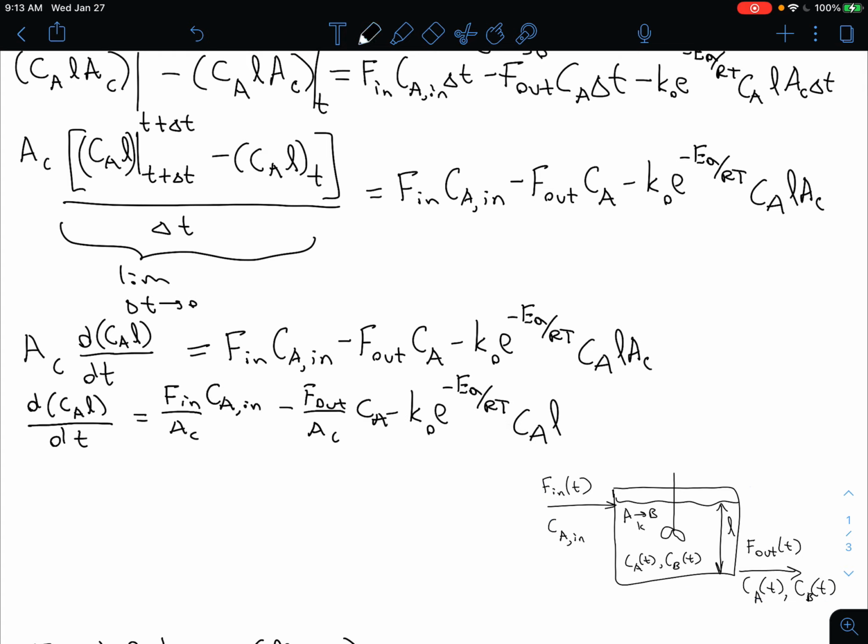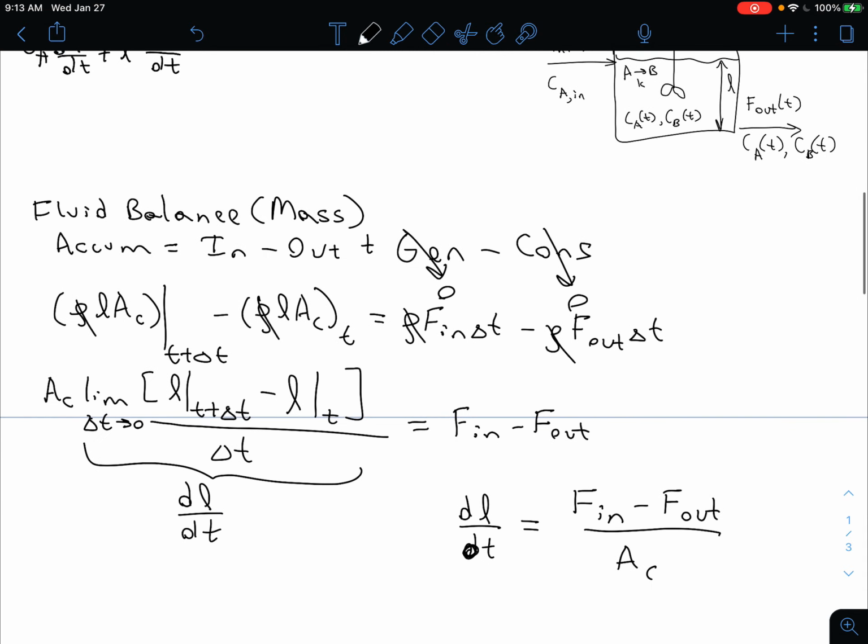Okay, so this can be expanded using the product rule. So this is actually equal to CA dL/dt plus L dCA/dt.